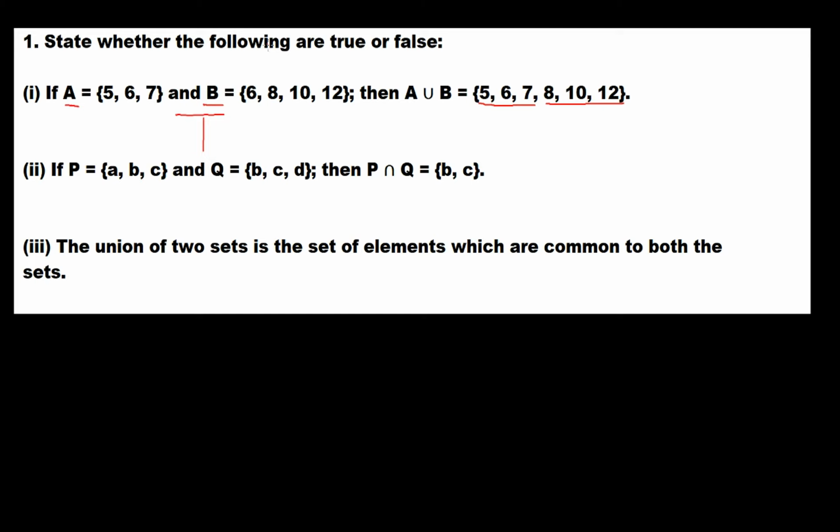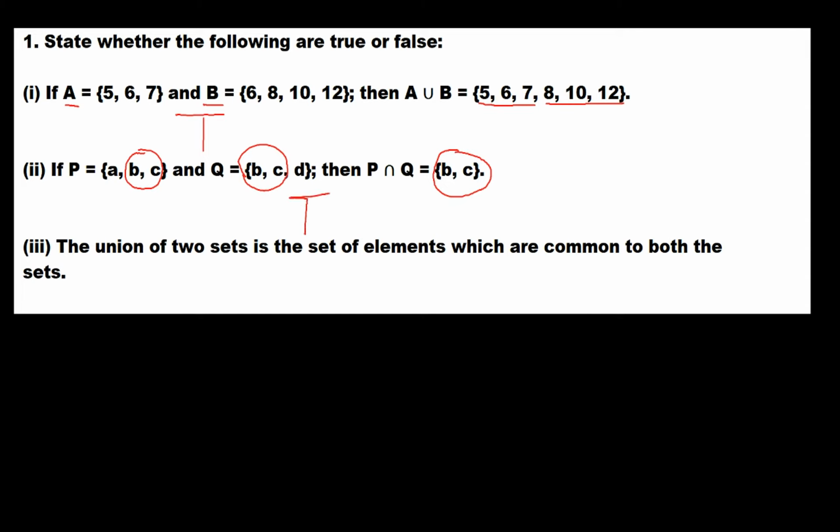So if we look at the first set, we see that it has A, B, and C, and the second set has B, C, and D. So B and C are in both sets. A is in the first set, but it's not in the second set, so that one wouldn't be in there. And D is in the second set, but it's not in the first set. So the intersection would be the set that contains the letters B and C. So this one is true.